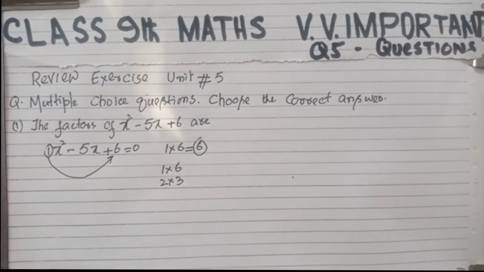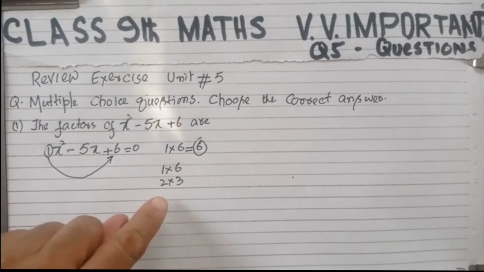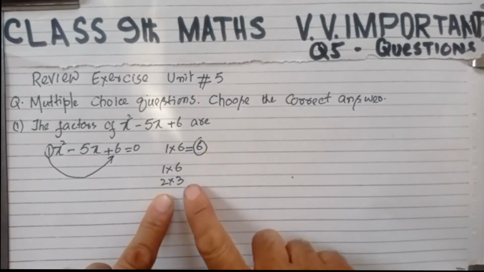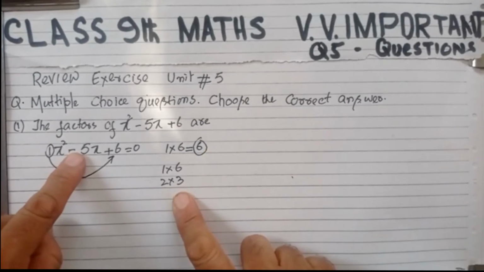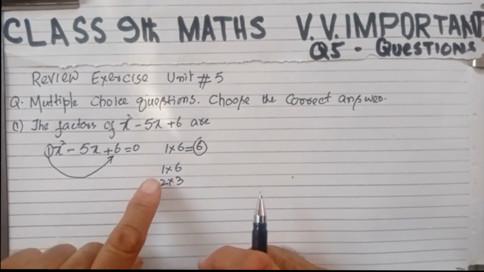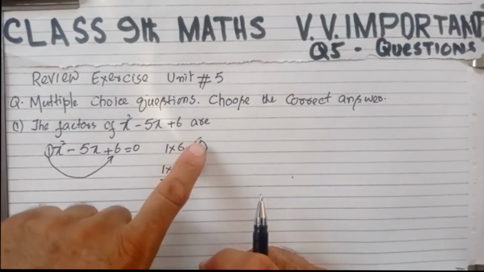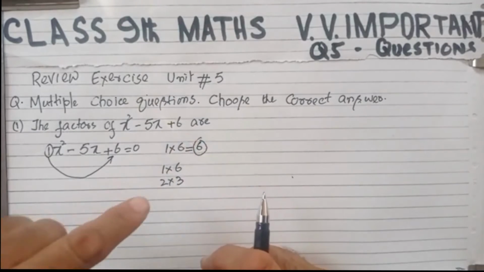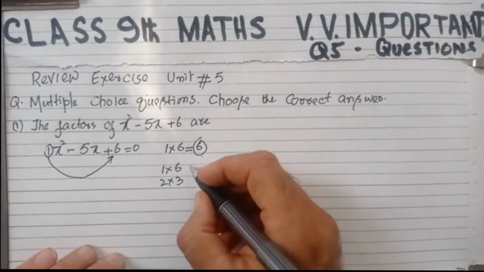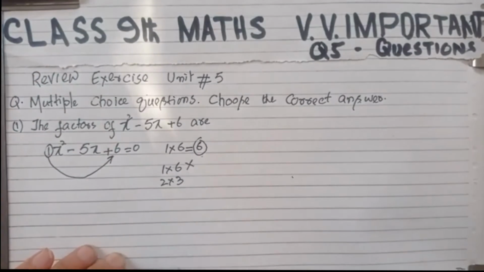We should select such a pair that when we multiply we get 6, but when we add them we get 5. Multiplying 1 and 6 we get 6, but adding them we get 7, not 5, so this pair is rejected.